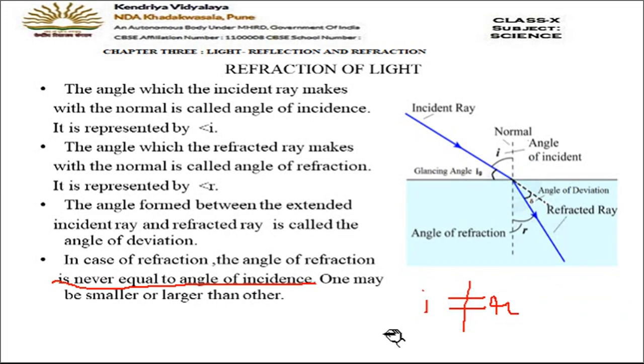This is the case in refraction, because the light always bends either away from the normal, in this direction, or towards the normal, towards this side. Both cases may occur depending on the mediums. Either i will be larger than r or r will be larger than i, but i is never equal to r.